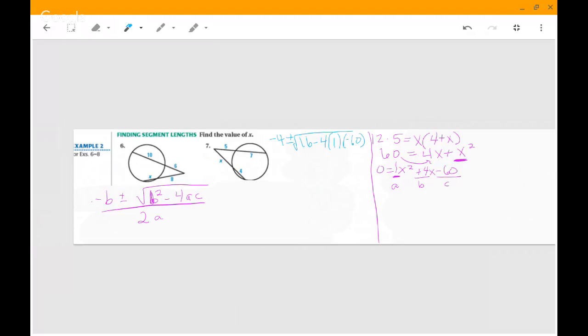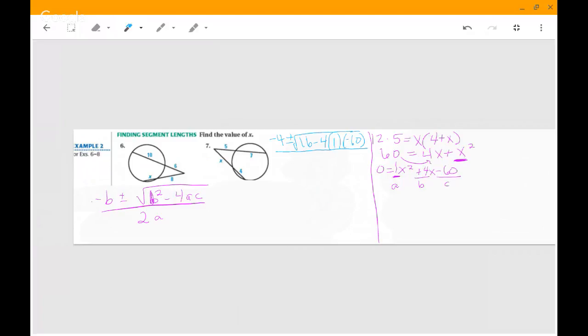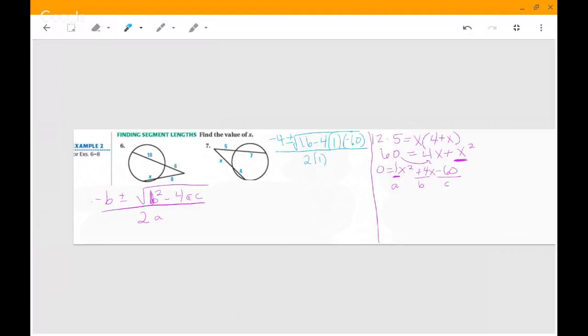That's just the top part of the equation. Do you understand where all those numbers came from? Yes. Okay. So then the denominator is 2 times a, which is just 2. It stays 2. I just put the 1 so you remember. Sometimes if there is a number in front of x squared, you'll have to multiply that.